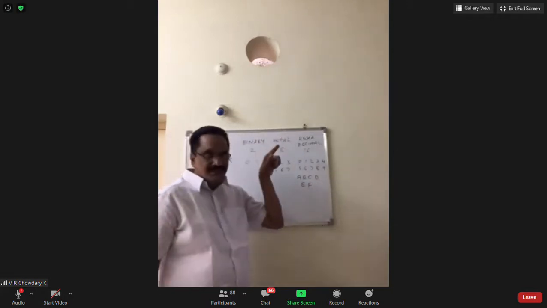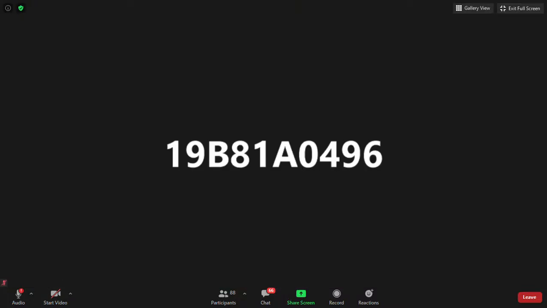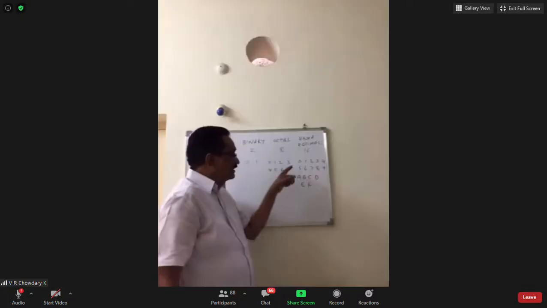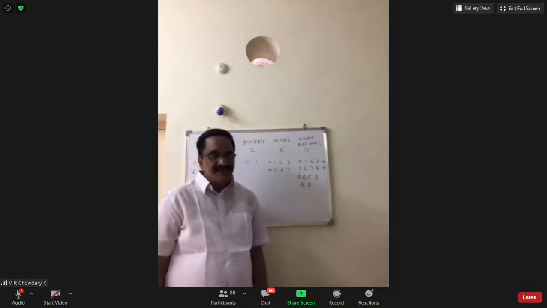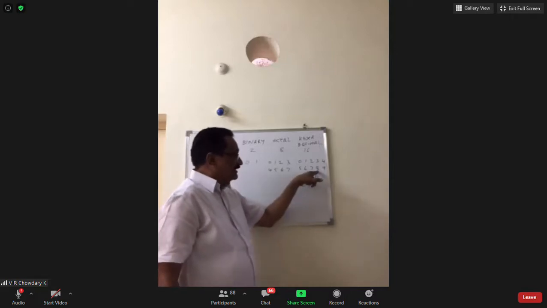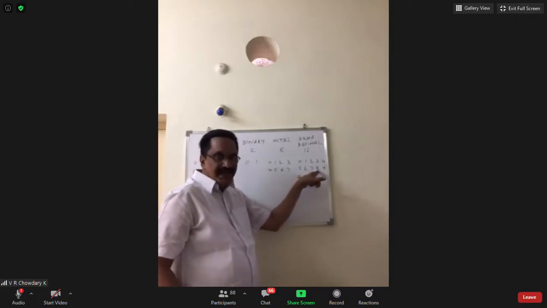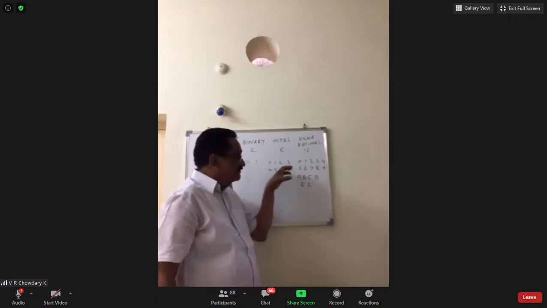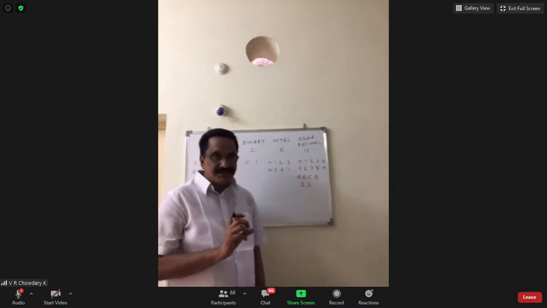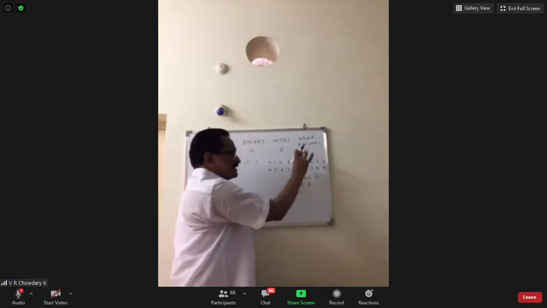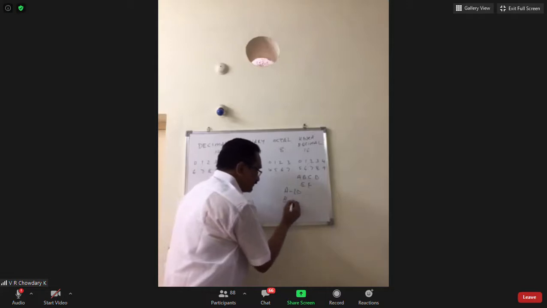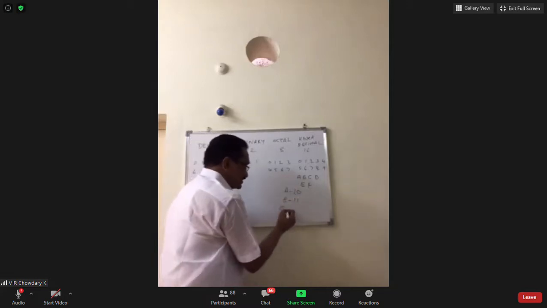In the hexadecimal number system, the basic symbols are decimal digits 0 to 9 and the uppercase alphabets A to F. Symbol 8 represents 8 quantities. A means 10 quantities. B stands for 11 quantities. C stands for 12.